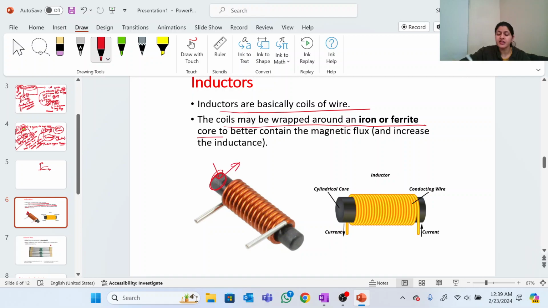So generally we choose this core very precisely to increase the efficiency of any inductor, right? So this coil may be wrapped around an iron or ferrite core to better contain the magnetic flux or increase the inductance of an inductor.